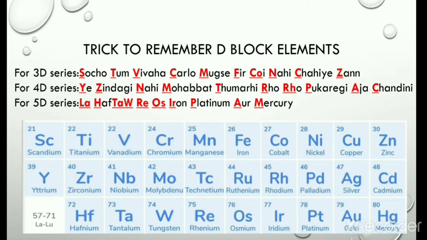From Haftav, H stands for hafnium, Ta stands for tantalum, W stands for tungsten, and from Re, Re stands for rhenium, and from Os, Os stands for osmium, and from iron, I stands for iridium, and from platinum, P stands for platinum, and from Or, A stands for gold, and from mercury, M stands for mercury.